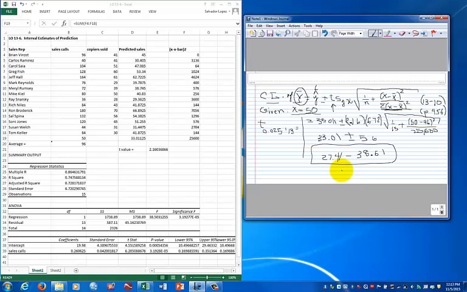So we are confident at 95% that the population average will be between those two values. Or, if we do repeated sampling, which is a more sophisticated way of saying it, then 95% of the samples will include the population mean between these two values.